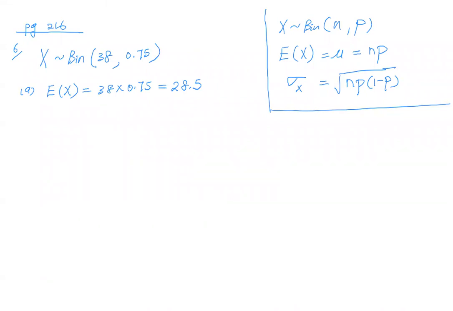Now, how to find the standard deviation? Square root of n p q, where q, 1 minus p, is 0.25. Can you please use your calculator?